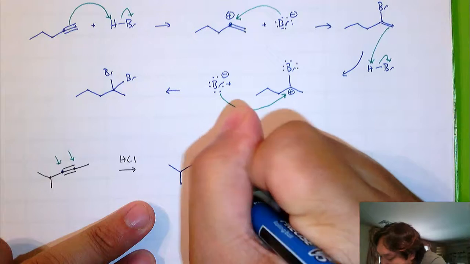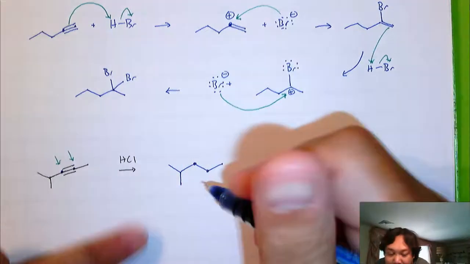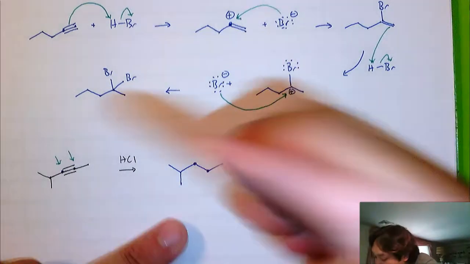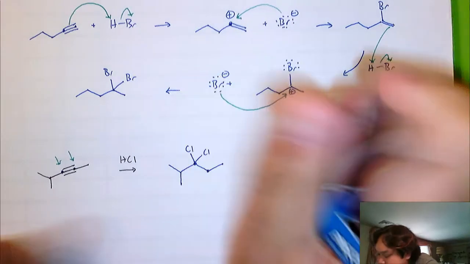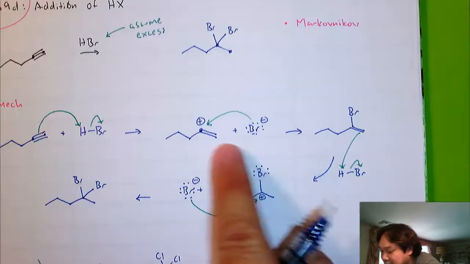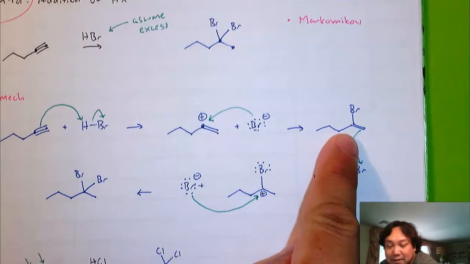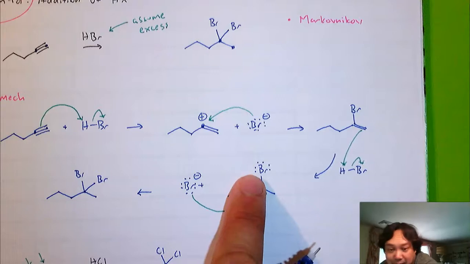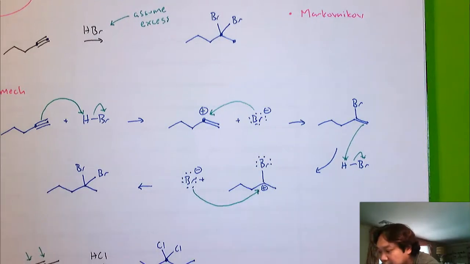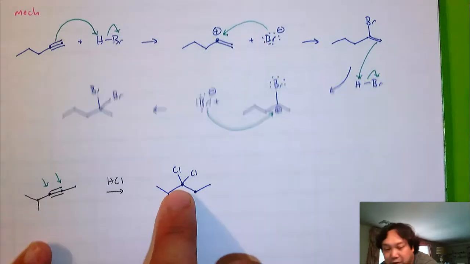I'm drawing the dots because if I don't, I tend to make careless errors. And you notice that once the first bromine adds and we get this, the second bromine has to go on that same carbon because that's where the cation is stabilized by the halide. So it's no coincidence that the chlorines go on the same carbon.